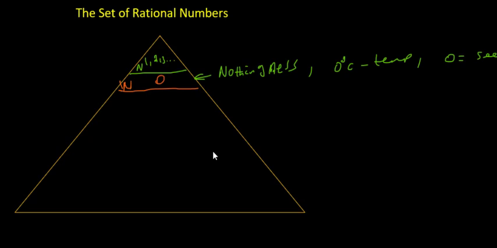But the problem is that whole numbers still couldn't address physical phenomena where negative numbers are involved. For example, how do you represent a loss? How do you represent a debt in business? How do you represent credit? And if we take temperature again, how do you express -5 degrees centigrade, where it's much colder than 0 degrees centigrade?